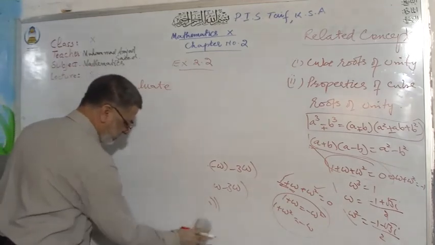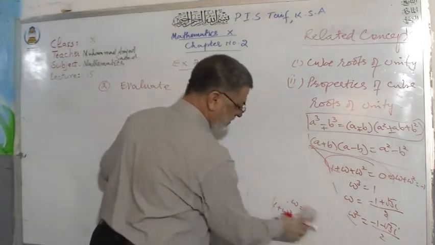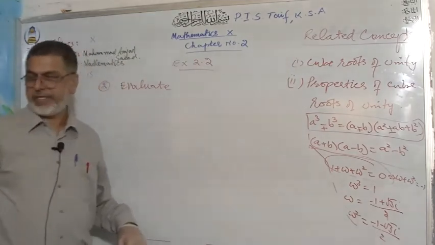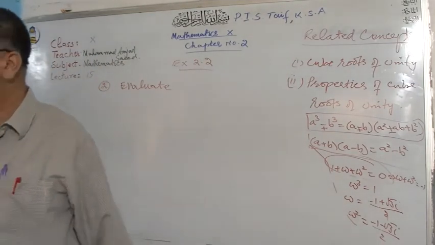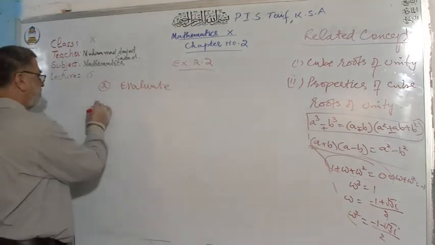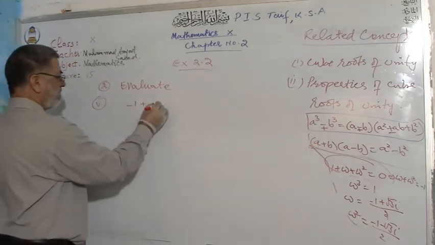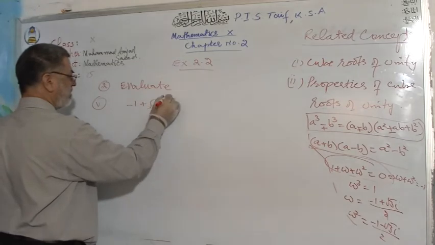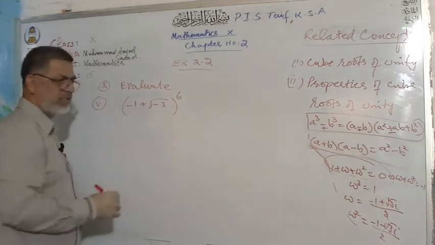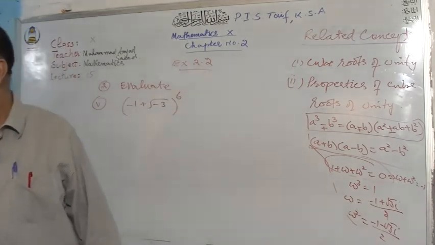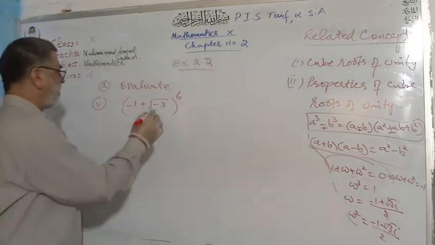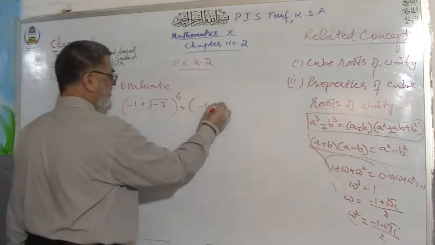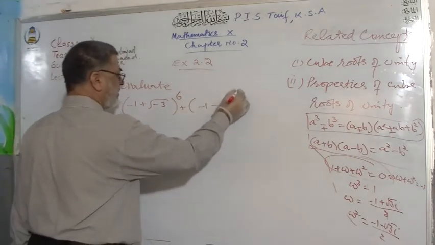After that, we have part number 5, minus 1 plus minus 3 under root power 6, minus 1 minus 3 under root power 6.